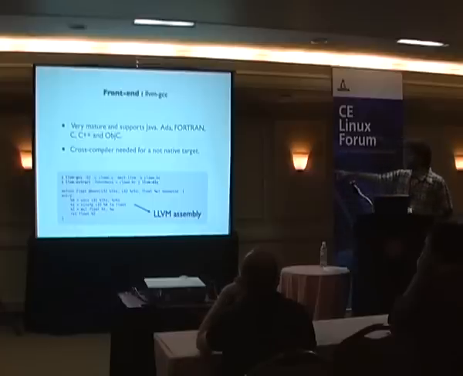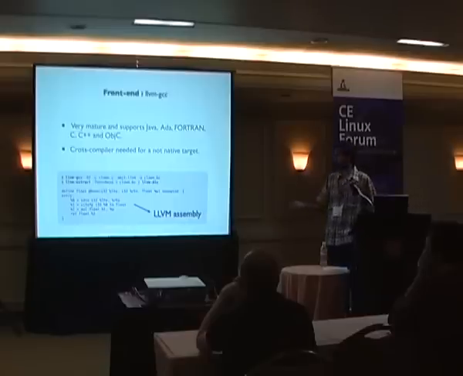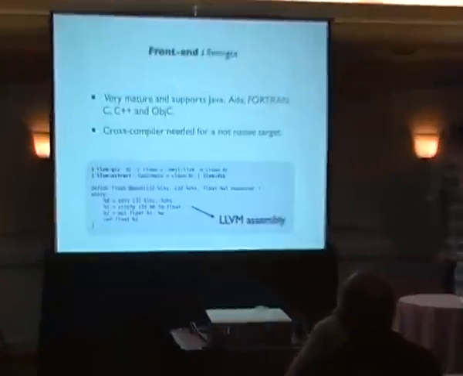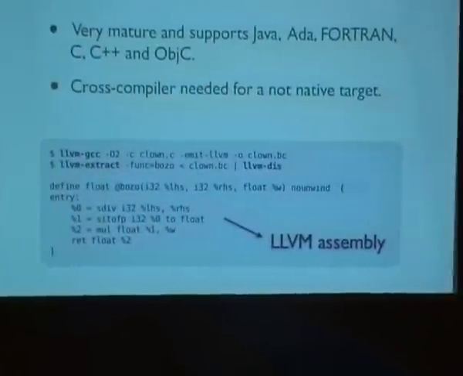But here is a simple example of emitting the LLVM bytecode, and then using the LLVM tools to play a little bit with the bytecode. So here we get a bytecode from the C function. Then you can extract just a function from the bytecode and disassemble it to the LLVM assembly equivalent form. So we have a function here as an example, just to show what I'm trying to say.